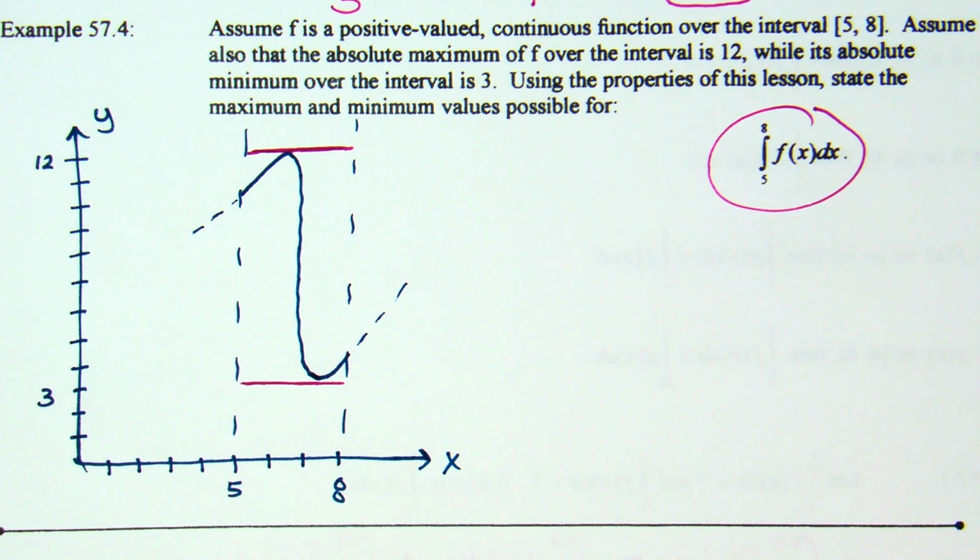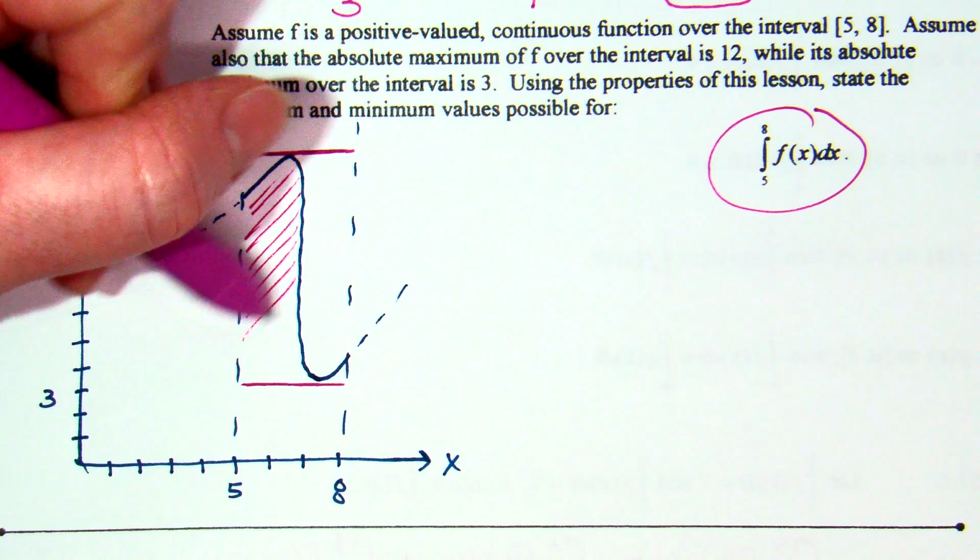The idea that, okay, when we talk about derivative, what's the algebraic connection? Okay, well, derivative is slope. Integral is area under the curve. And so the idea here is that if we're trying to find the integral from 5 to 8, we're trying to find the area under the curve.